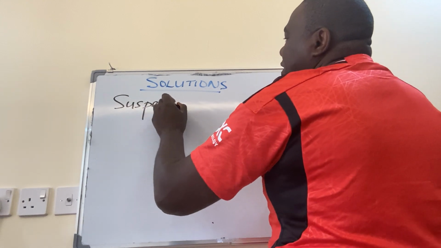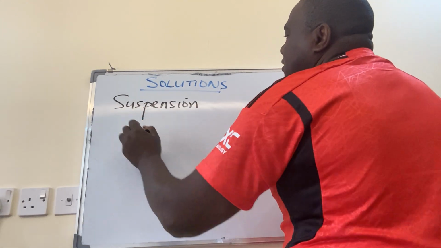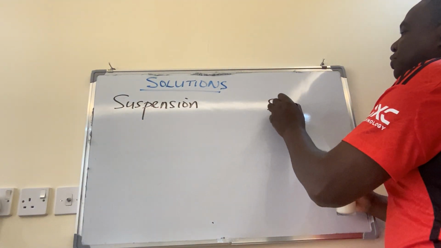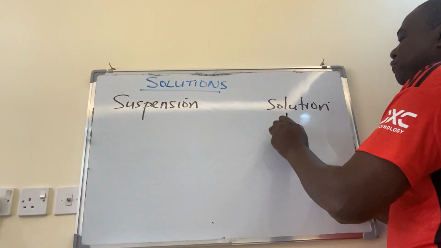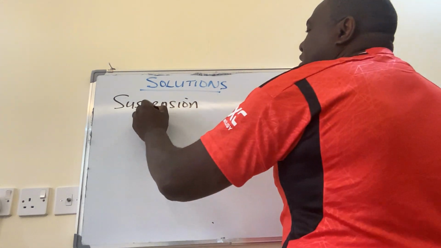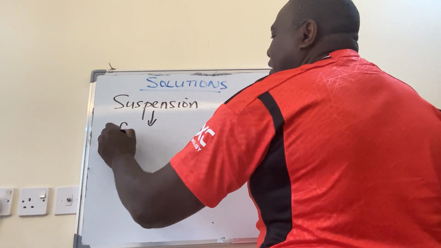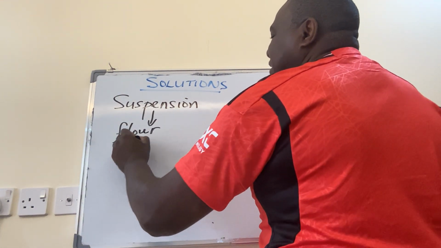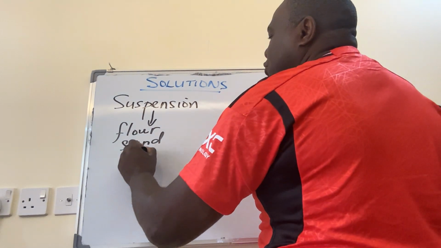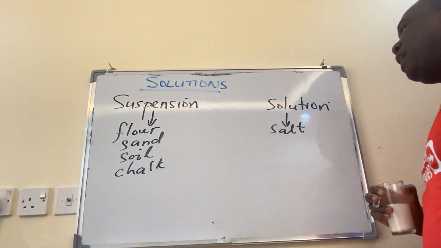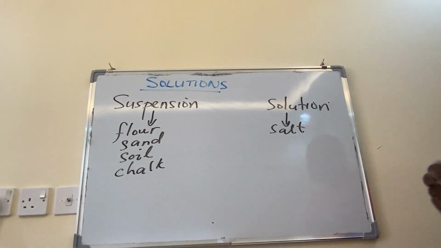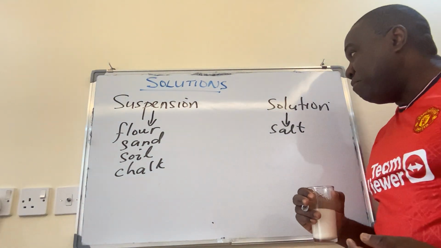So a suspension is different from a solution. If I put salt in water, I would form a solution. But if you put things like flour, like what I've just done, sand, soil, or even chalk, you form a suspension.